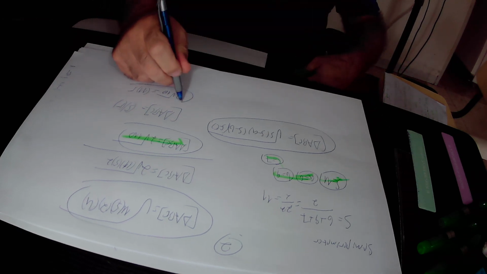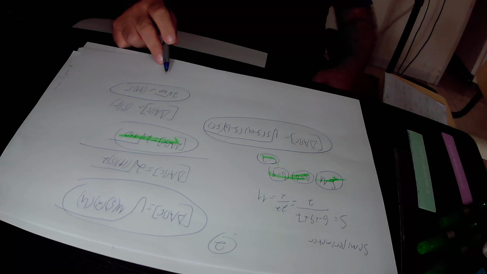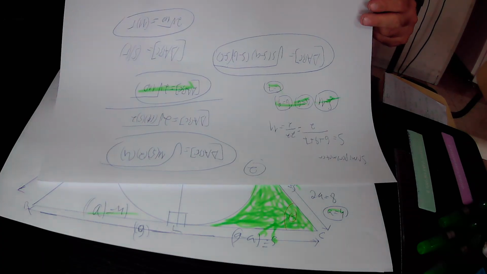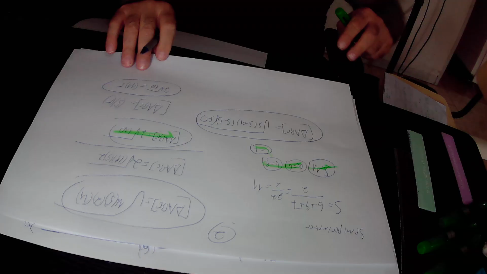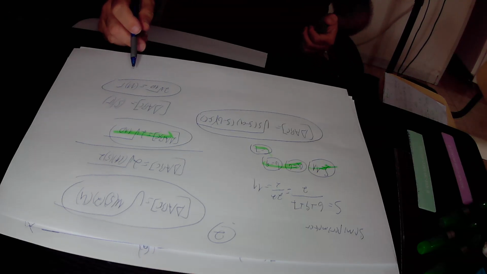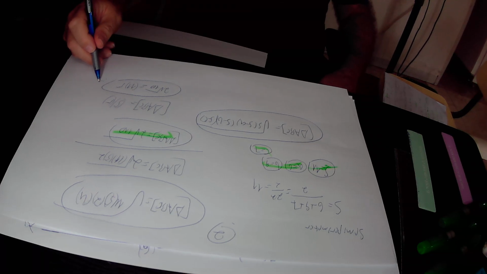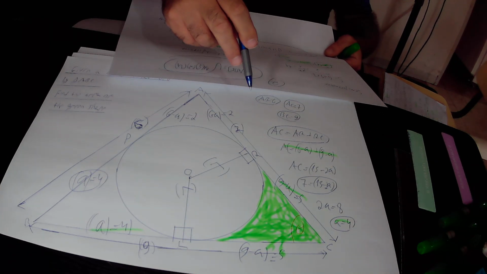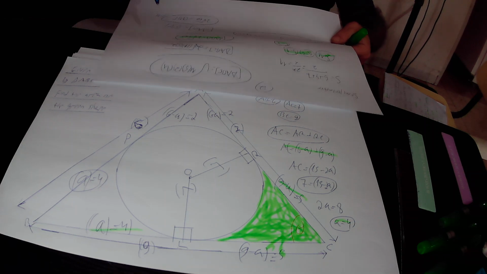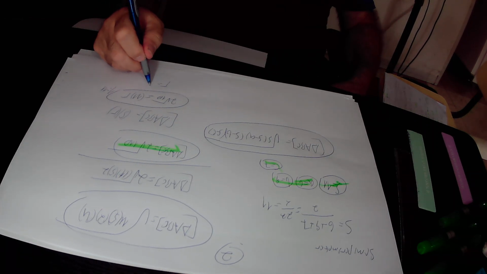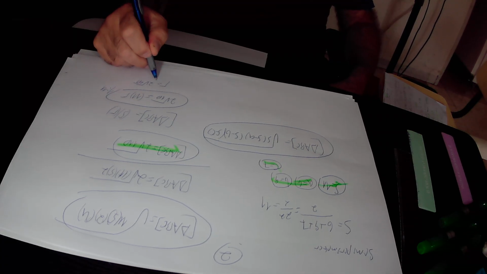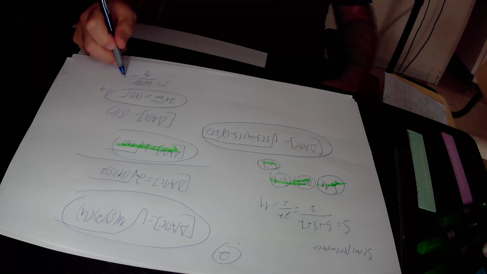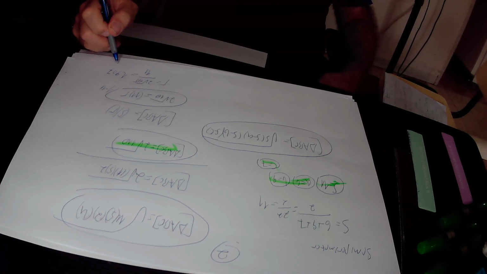In total, we found that 2 times the square root of 110 equals 11 times R. Here we divide this equation by 11 and get that the radius R of the circle is equal to 2 times the square root of 110 over 11, which is equal to 1.907 units in length.